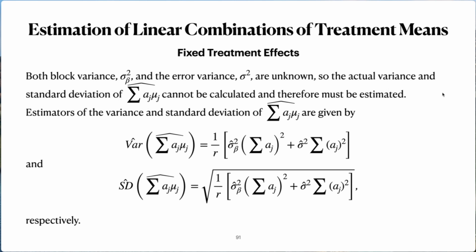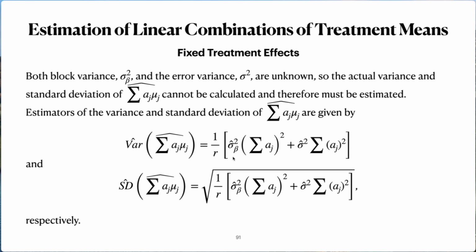All right, therefore, we must estimate them, and again, we estimate them using the corresponding estimates of the variance components. And so the estimates of the variance and the standard deviation of the point estimate of our linear combination are given by these expressions here, where we've replaced the true variance components with notation that represents their estimators.